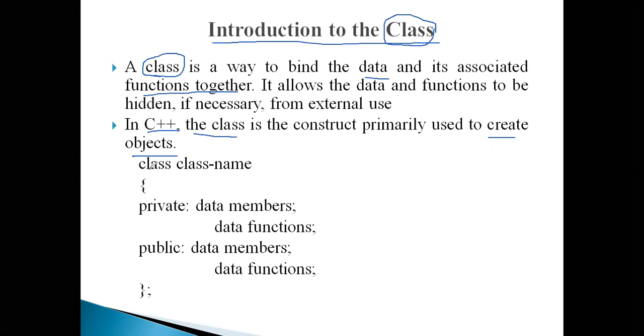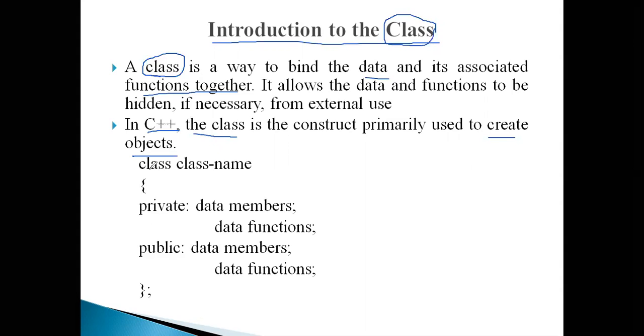By default, all the members in the structure are public. In C, we already know all those things: how to access the structure members, how to define the structure, how to create the structure variable. Now come to the class in C++. By default, all the members in the class are private.